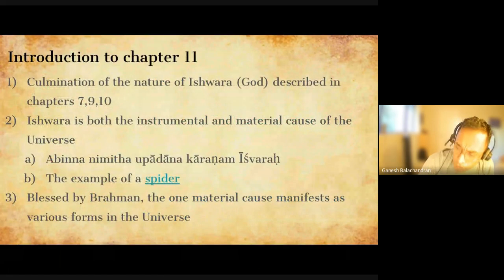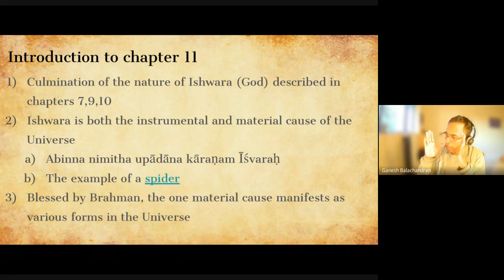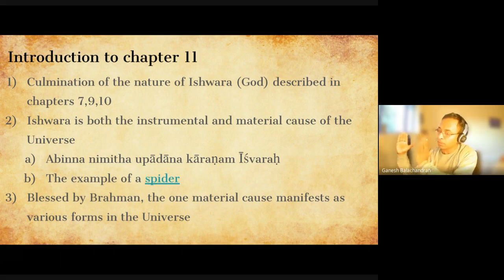Now, first we'll give an introduction to the 11th chapter. As you know, the Bhagavad Gita is divided into Shatkams. Shatkam means a collection of 6, so 6 chapters each. The first 6 chapters are called Prathama Shatkam. And what do they talk about? They talk about the nature of the jiva, that is the nature of the individual.